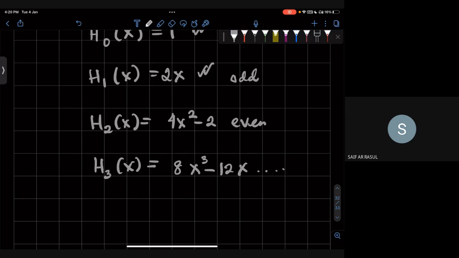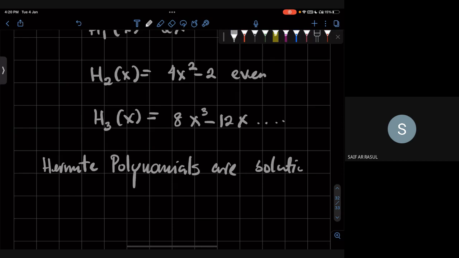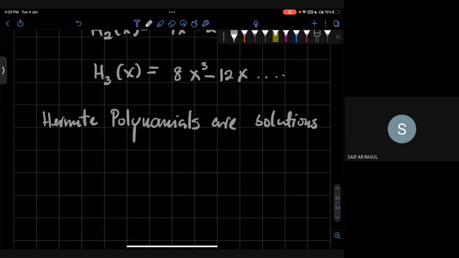I want to say a few words about the properties of the Hermite polynomials. The Hermite polynomials are solutions to the Schrodinger equation, but in this context, we're going to call it the Hermite differential equation: H n double prime minus 2x H n prime plus 2n H n equals 0.